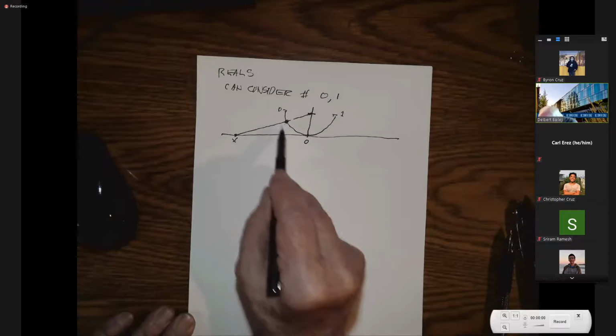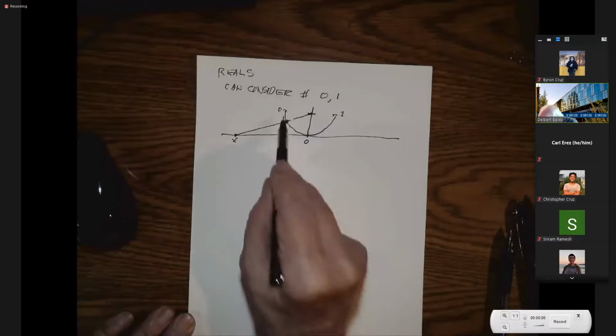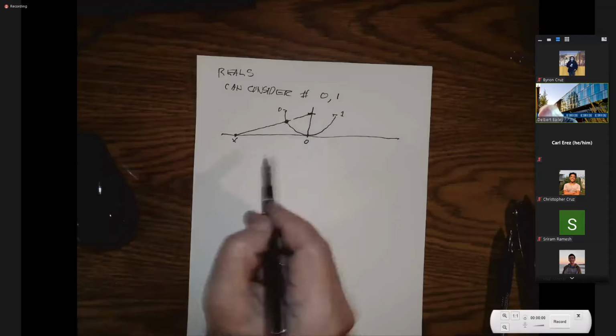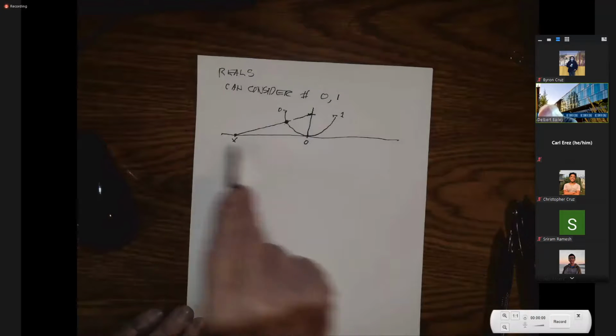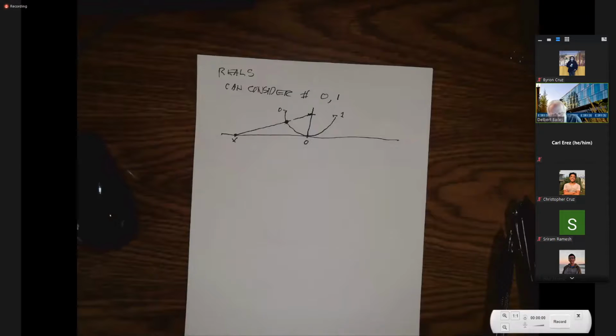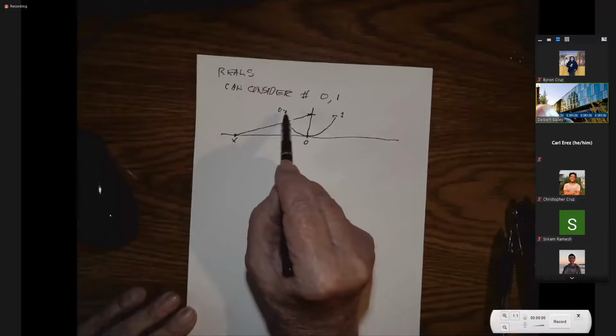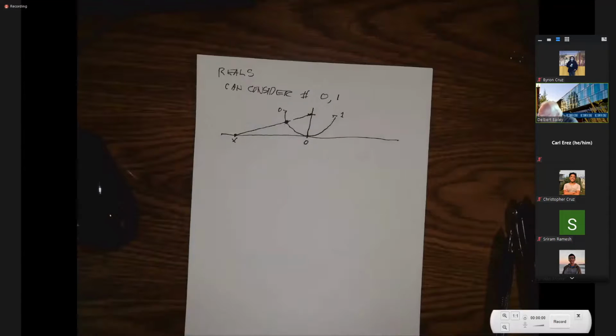So all of these real numbers between 0 and 1 with this little construction can be put in a one-to-one correspondence with all of the numbers on the complete line, right? So we could limit our attention to just the numbers between 0 and 1.